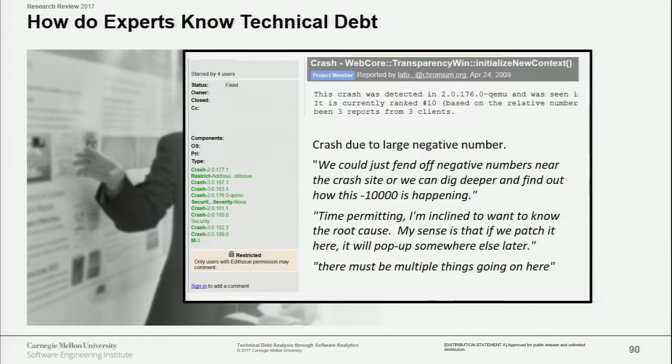Of course, it has an immediate problem because the software cannot function, so they need to fix it. But it also has an enduring issue because it creates security vulnerabilities even if it doesn't crash. But what happens in this scenario is that this particular problem reoccurs. They patch, it reoccurs. They patch, it reoccurs. And at some point, one of the developers says, you know what, there's something more fundamental going on here.